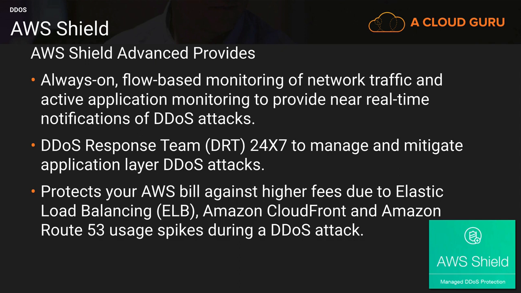It also protects your AWS bill against higher fees due to Elastic Load Balancing, CloudFront, and Route 53 usage spikes during a DDoS attack. So for every Fortune 500 company, I definitely would go out and get Shield. Also, if you're spending $15,000 a month for enterprise support, you'd be insane not to get Shield as well. So I definitely look at AWS Shield. They're adding more and more capabilities to it all the time.